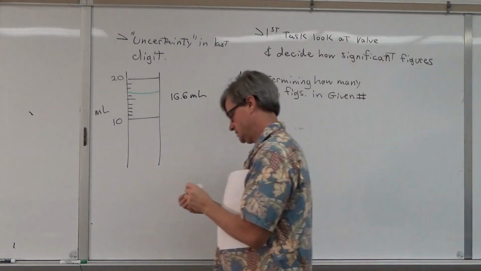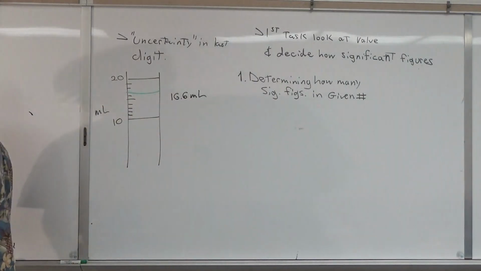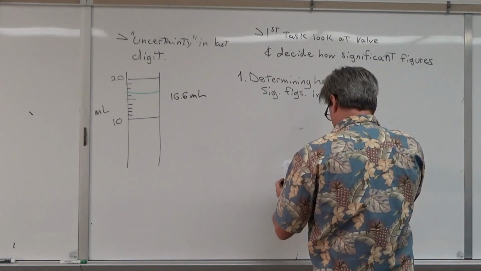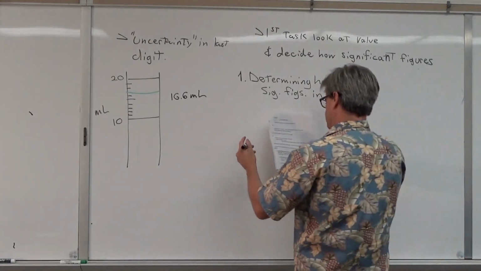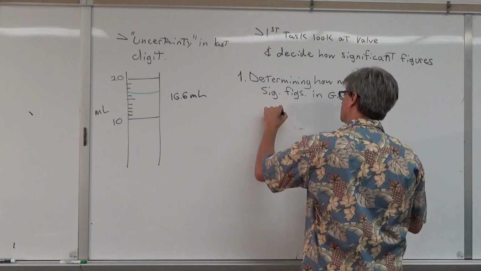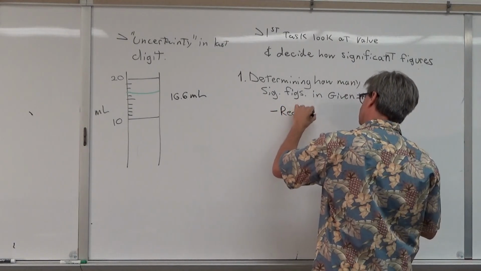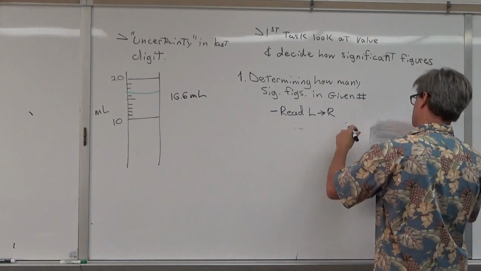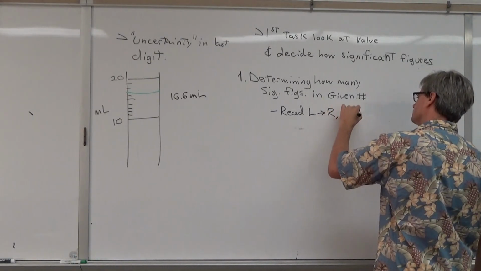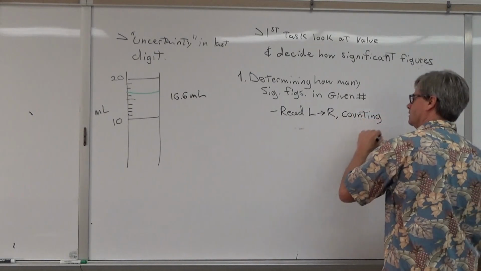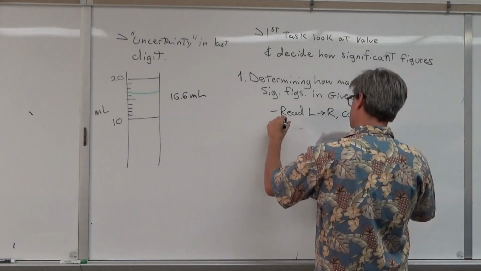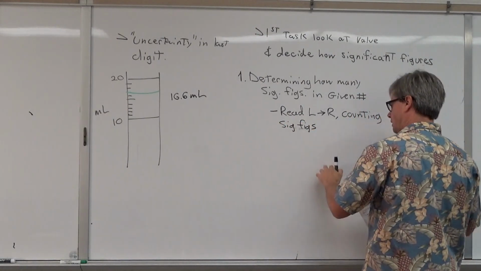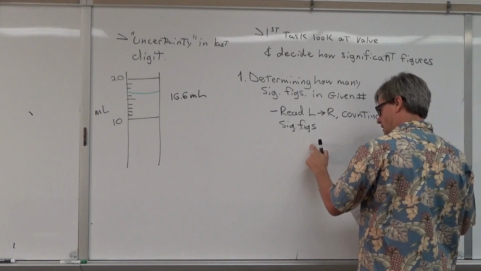As I said, you read left to right, counting sig figs. Left to right, the first non-zero digit you get to, you count as a sig fig.